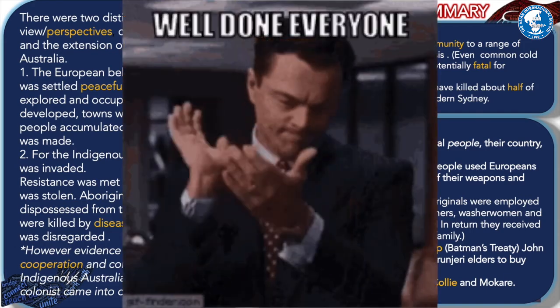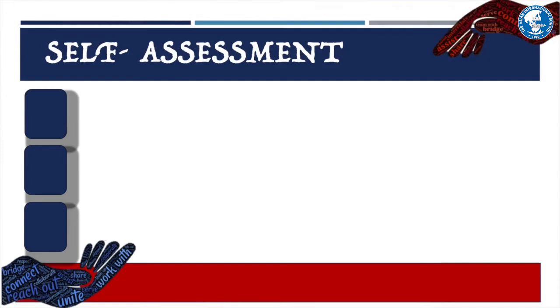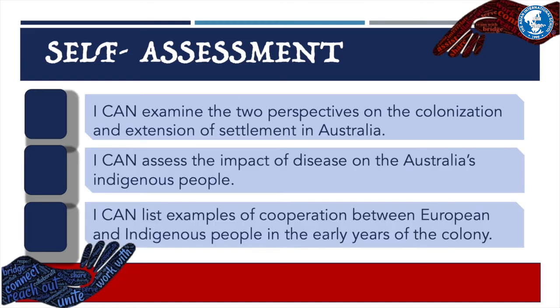All done, everyone. Now let's move on to our self-assessment section. So you're going to check by yourself whether you understand the lesson or not, or whether you have met your goals. So these are our unit goals. Okay, let's say for example, I can examine two perspectives on the colonization and extension of settlement in Australia.